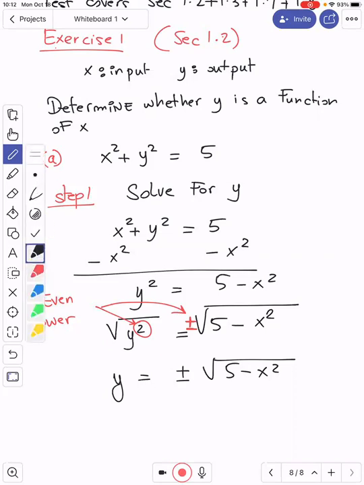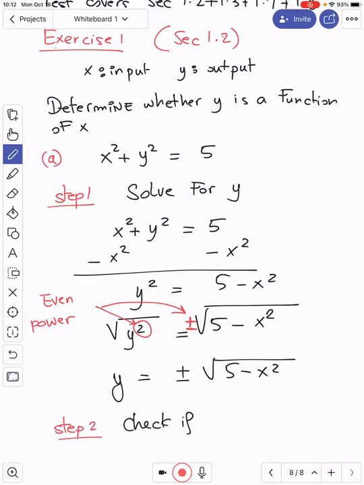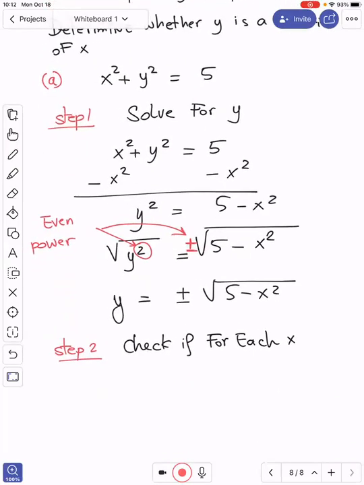Now in the second step, I need to check if for each x there's exactly 1 y. So for each input, or for each x, there's exactly 1 output y.